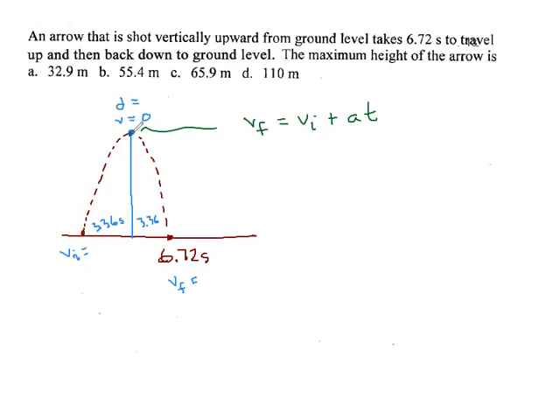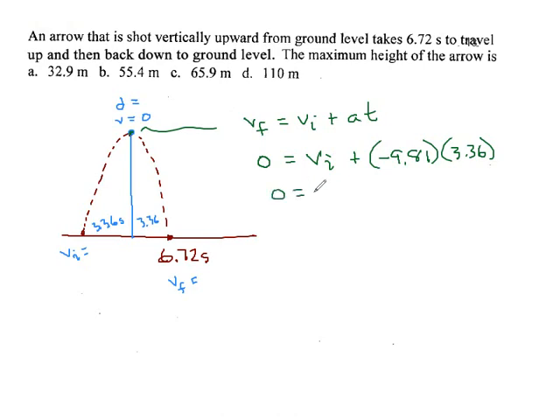So, final velocity, if we're talking about just getting to the top here, is 0. Equals an initial velocity I don't know. G is 9.81 and it's negative, and the time is 3.36 seconds. 9.81 times 3.36.